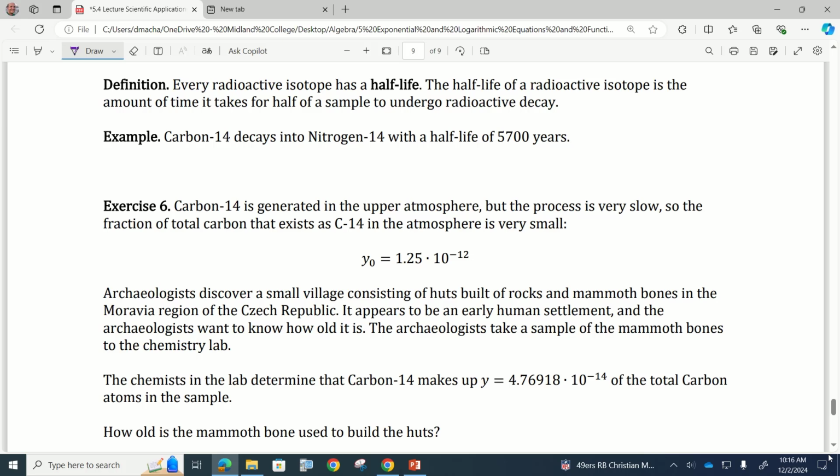So for example, carbon-14 is an isotope. It's an unstable type of carbon. And we say it's unstable because every 5,700 years, half of the carbon-14 decays into nitrogen-14, which is just a more stable type of atom.